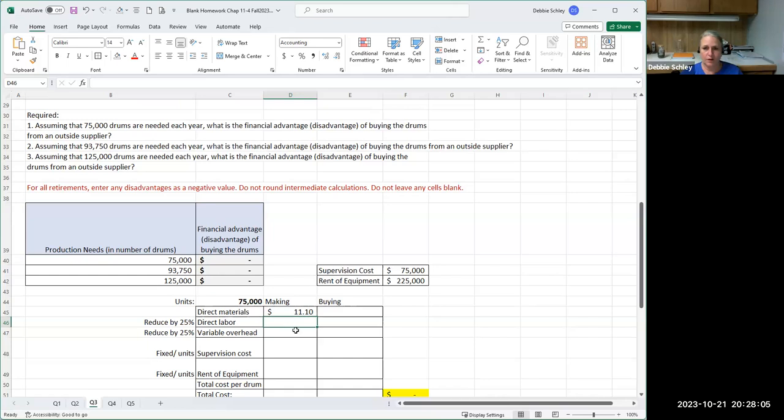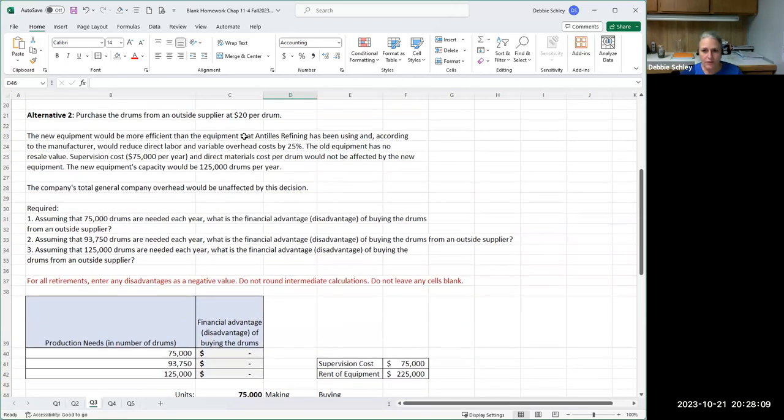But if you'll recall, where did it tell me that? Right here. The new equipment would be more efficient, and so it was going to reduce direct labor and variable overhead costs by 25%.